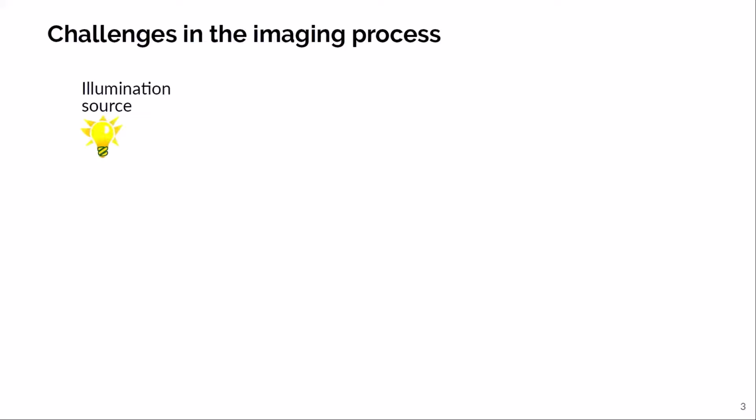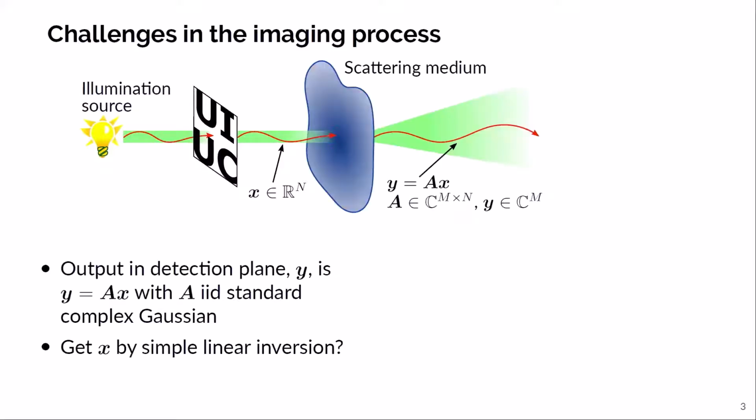So we have an illumination source that illuminates some image, and we get a light field at the input X. This then interacts with our scattering medium, and we get an output light field in the detection plane, which I'm going to call Y, and Y is linearly related to the input X via a complex matrix A. And so therefore, each element of Y is also complex valued.